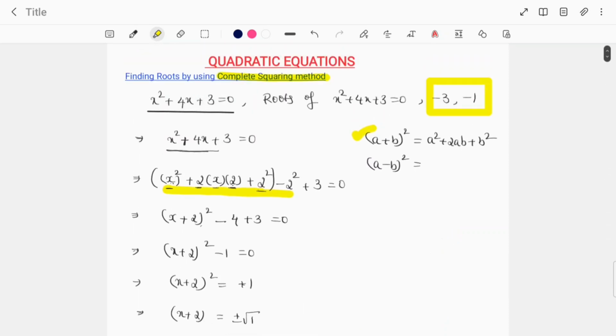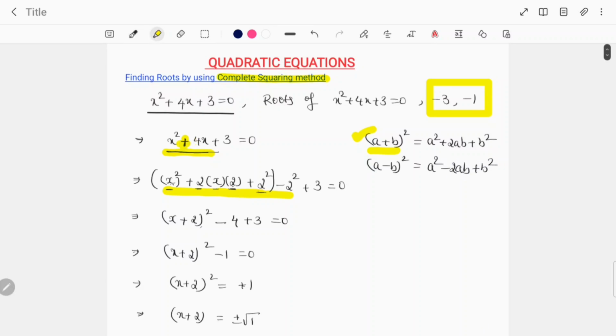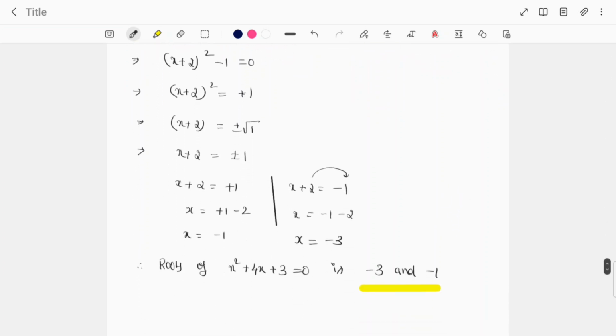One important thing: whatever the given quadratic equation, you should convert it into a plus b whole square or a minus b whole square. Based on the sign, you take either a plus b or a minus b. Here the sign is plus, so I took a plus b; if it is minus, take a minus b. And one more important thing: the coefficient of x square must be 1. Clear?